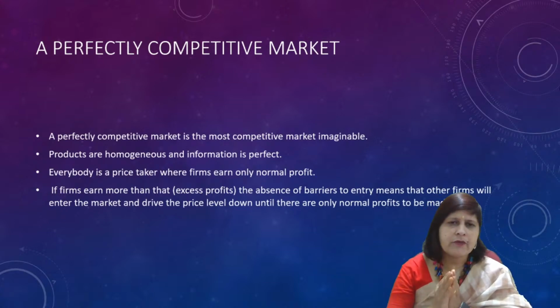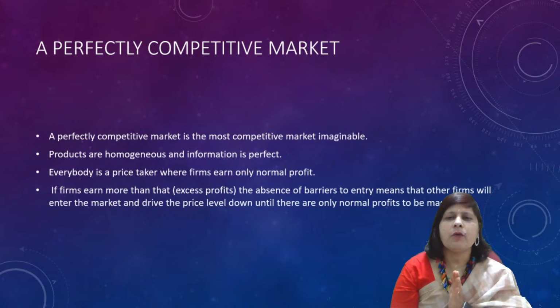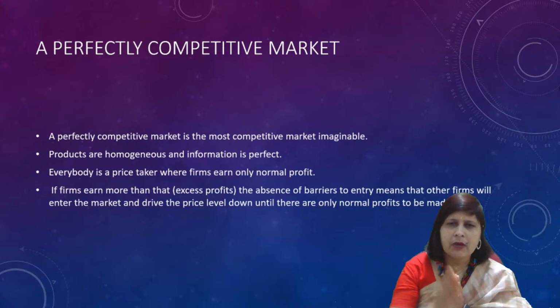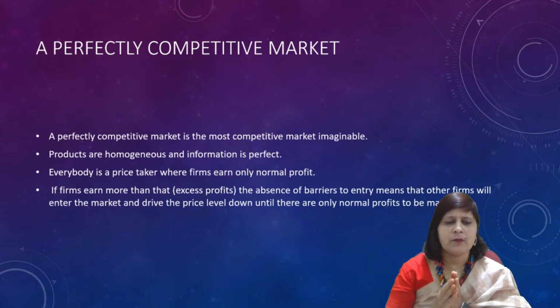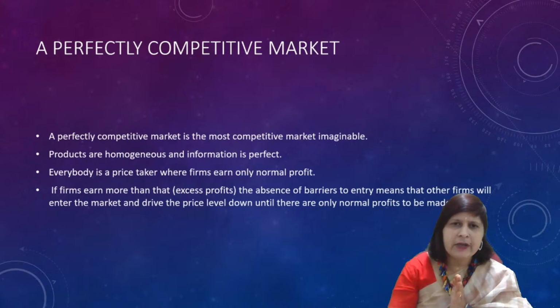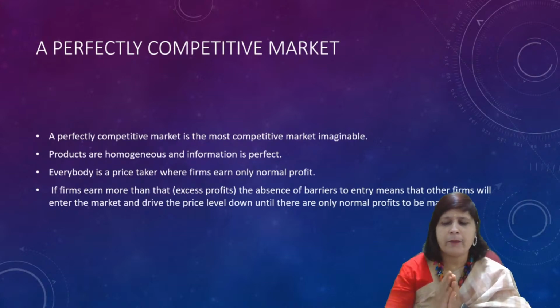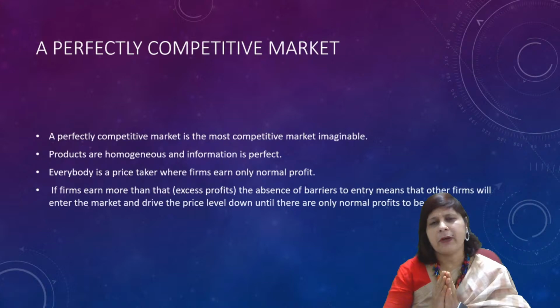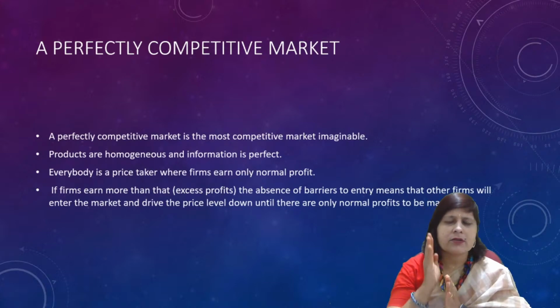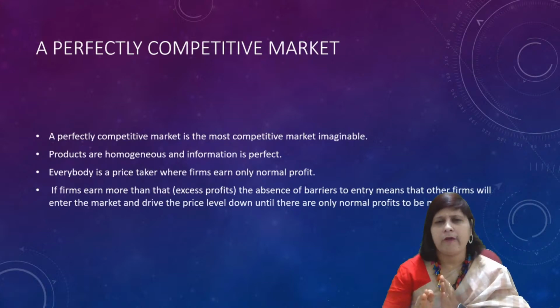If someone thinks to earn more profit, there are no barriers to entry, and a new company can enter the market and will bring down the profit margin because they will compete with you. They will bring down the prices until normal profits are made. So this is the perfectly competitive market. There are no barriers for new entrants, right?